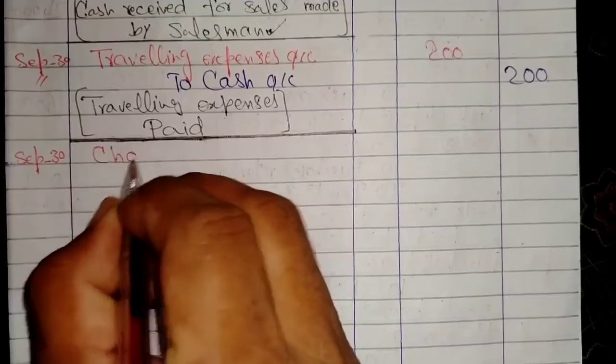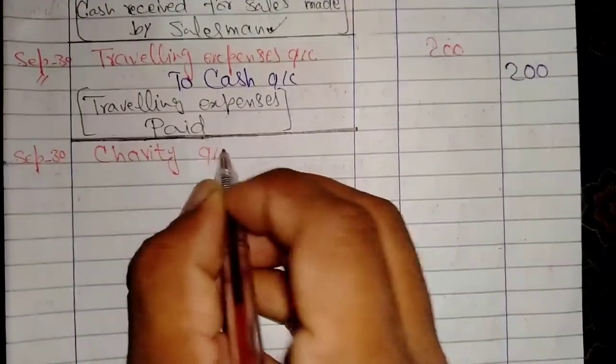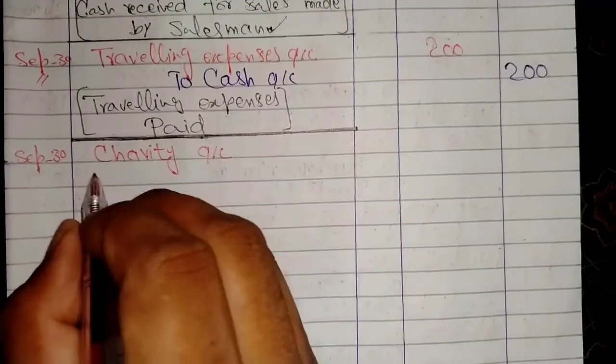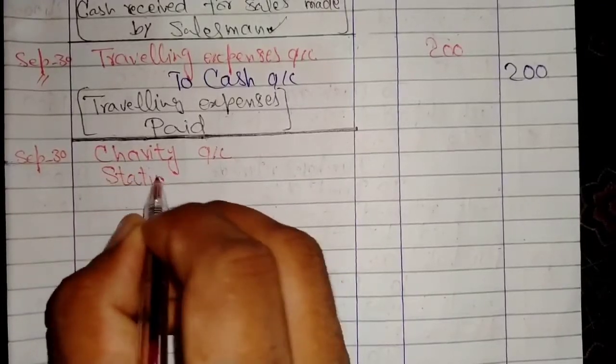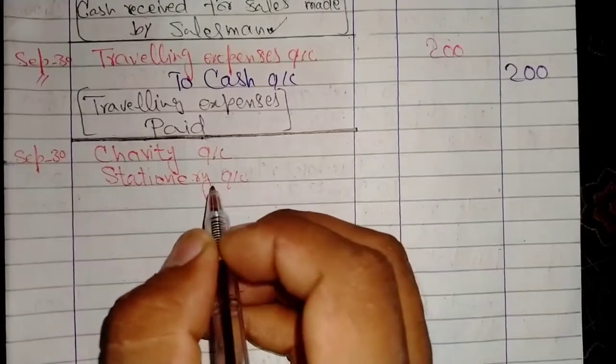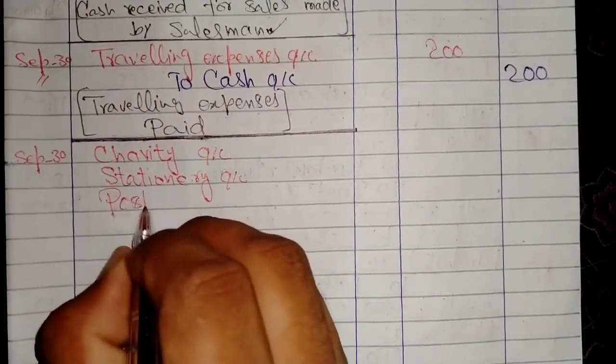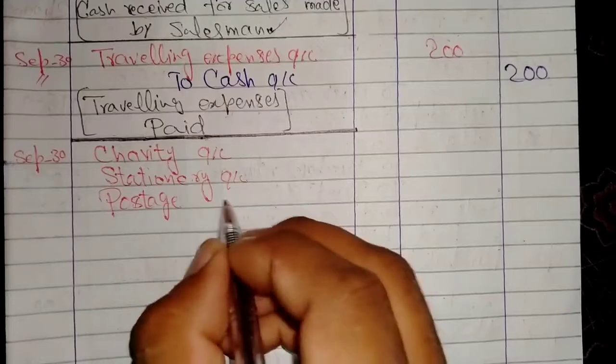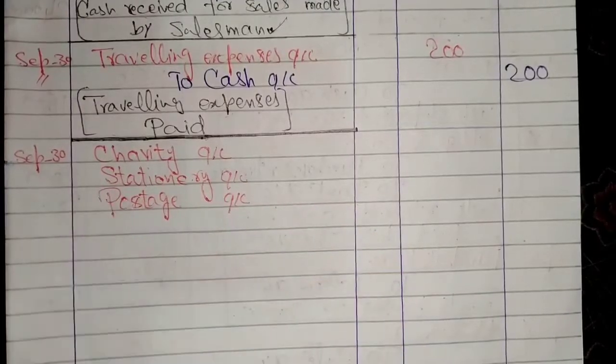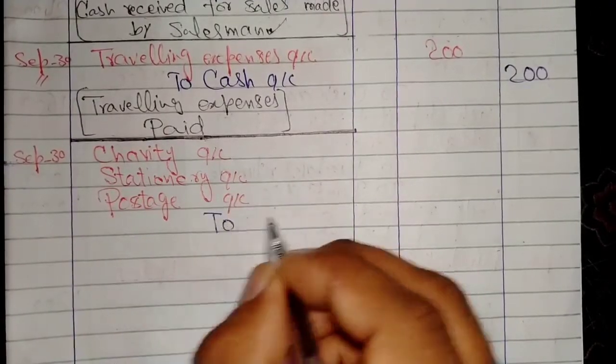So charity account debit and stationery account also debit and postage expense account also debit to cash account.